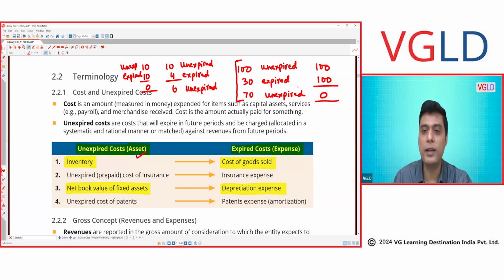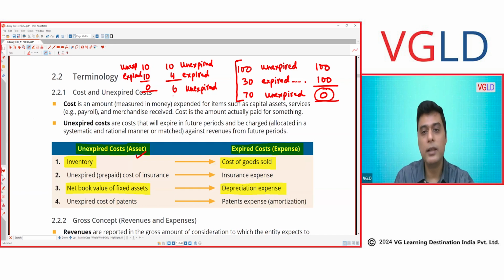Expiry happens every year, every month, every day, every hour. With every passing time, we are expiring, and the remaining is the unexpired. This will sound harsh, but that is the fact of life. That is the truth. We are expiring every moment. And at the end of 100 years, the unexpired portion will be 0.